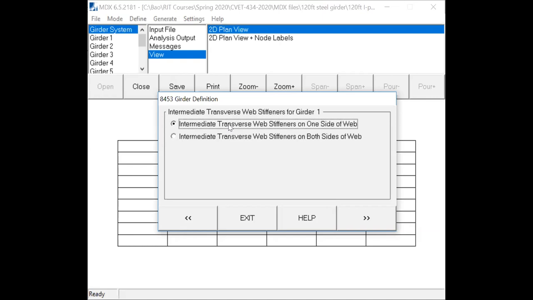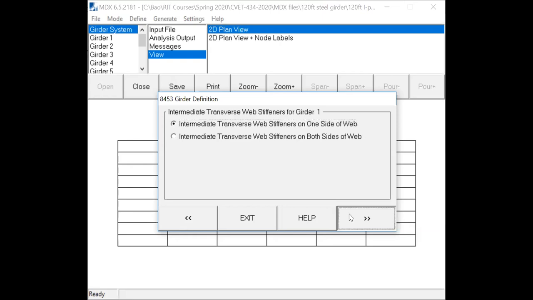Okay, so in order to connect the cross frame, we only connect to the interior girders. So for the exterior girders, we only have one side of the intermediate transverse web stiffener, which is on the interior girder side. So we have one side of the web for girder 1. Okay?